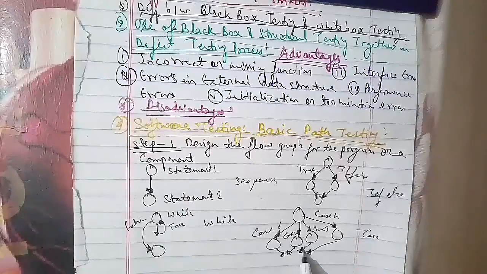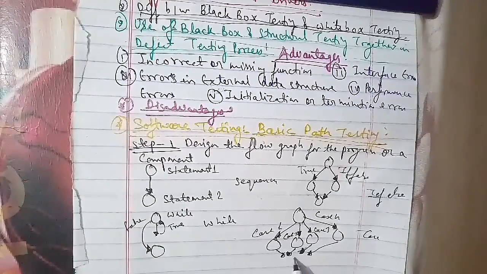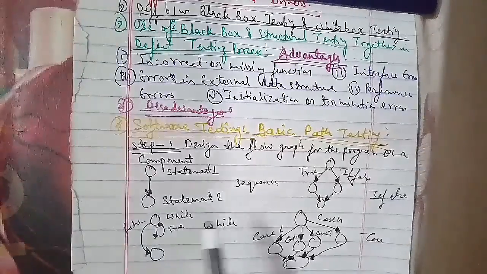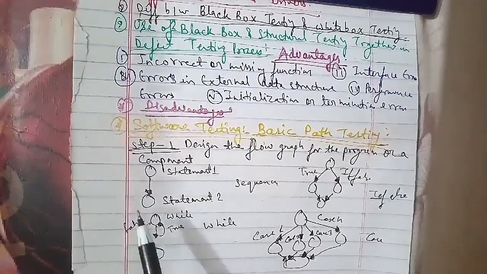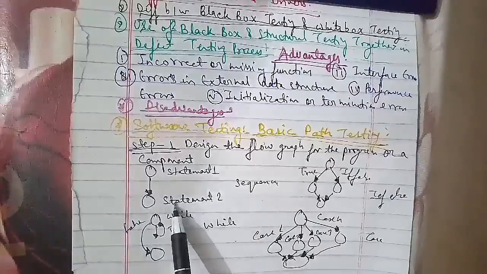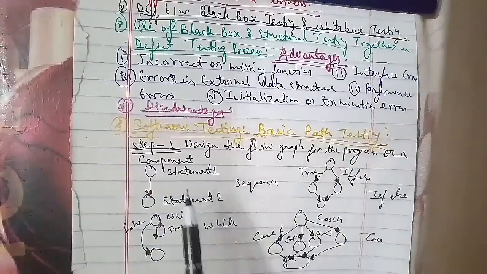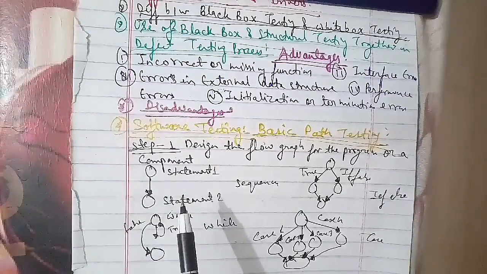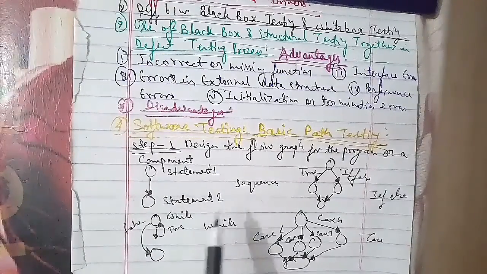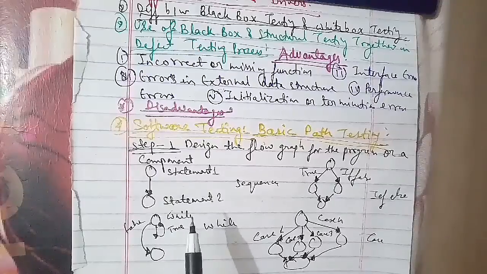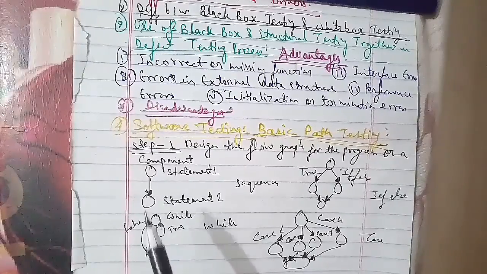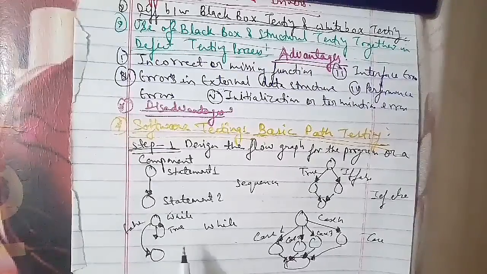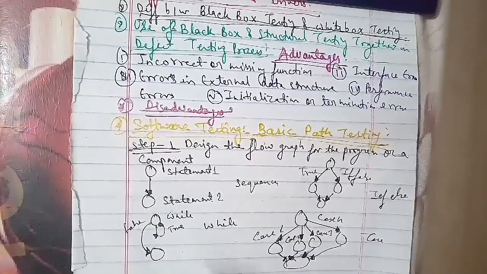For the first line, int bottom equals 0; int top equals n minus 1; while bottom less than or equals top; mid equals top plus bottom divided by 2. Next, the fifth.